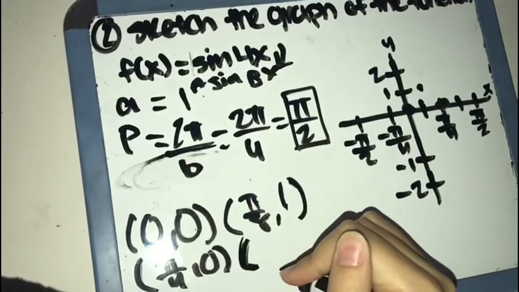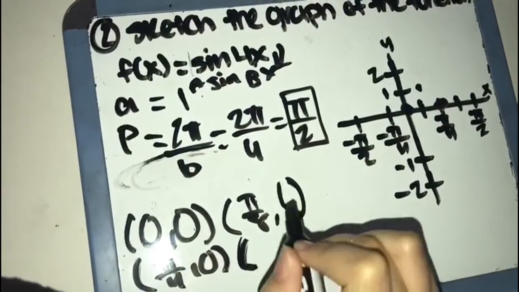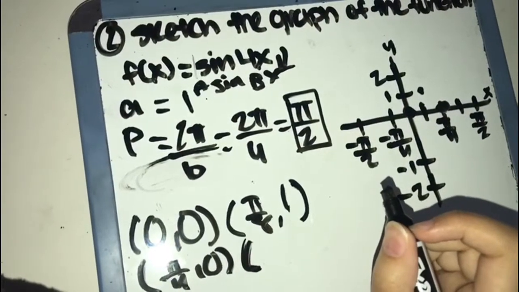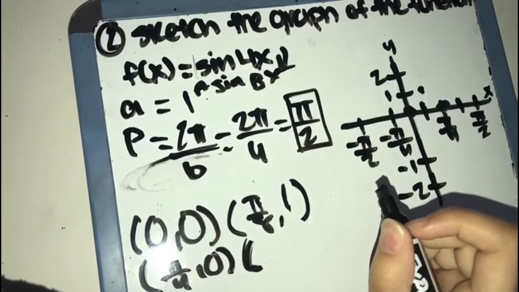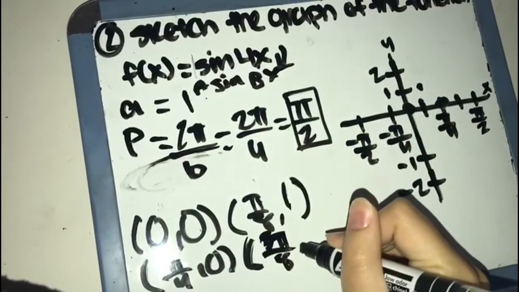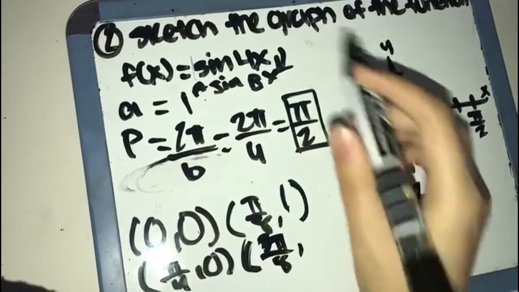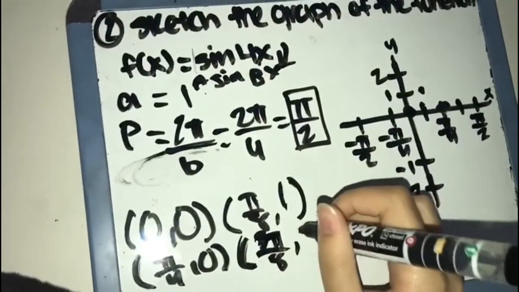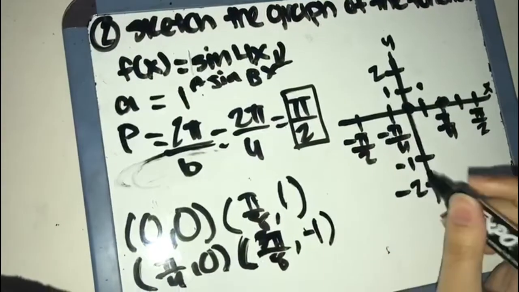So now we're going to do another point. You always need 5 points all the time, okay? Let's do 3 pi over 8. If you substitute x with 3 pi over 8, it will equal -1, I'm pretty sure.